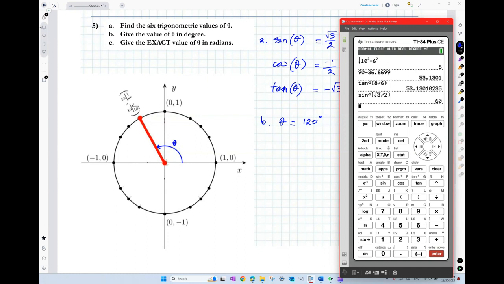So the calculator gives me this angle, because as you notice, they do have the same sign.